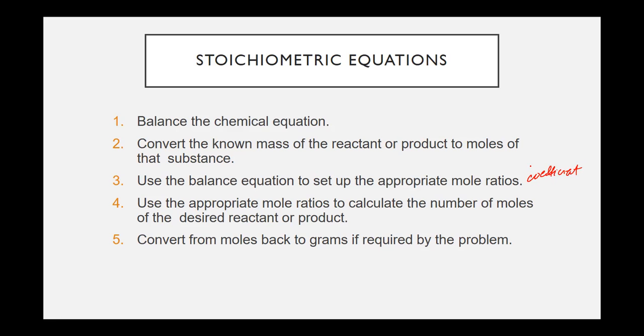So ito yung stoichiometric coefficient natin na dinescuss ko sa pinakauna. And then, use the appropriate mole ratios to calculate the number of moles of the desired reactant or product. So convert from moles back to grams if required by the problem. So makikita natin tong steps na to once we try some sample problems.